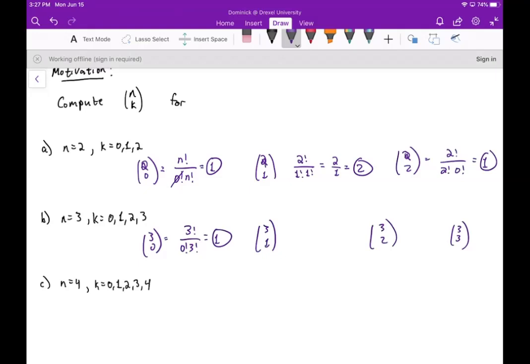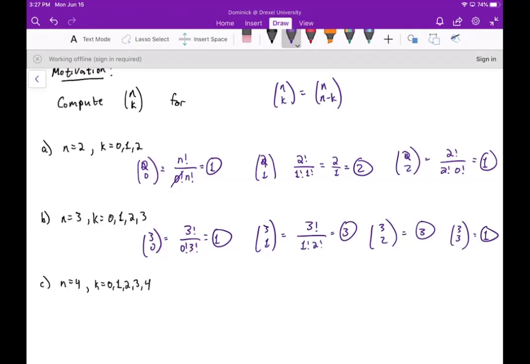But remember from before that n choose k is the same as n choose n minus k, so this is going to be the same as 3 choose 3. So this will also be 1. Now 3 choose 1 is going to be 3 factorial over 1 factorial, 2 factorial, and if we do this, we're going to be left with a 3. Same thing for this one.